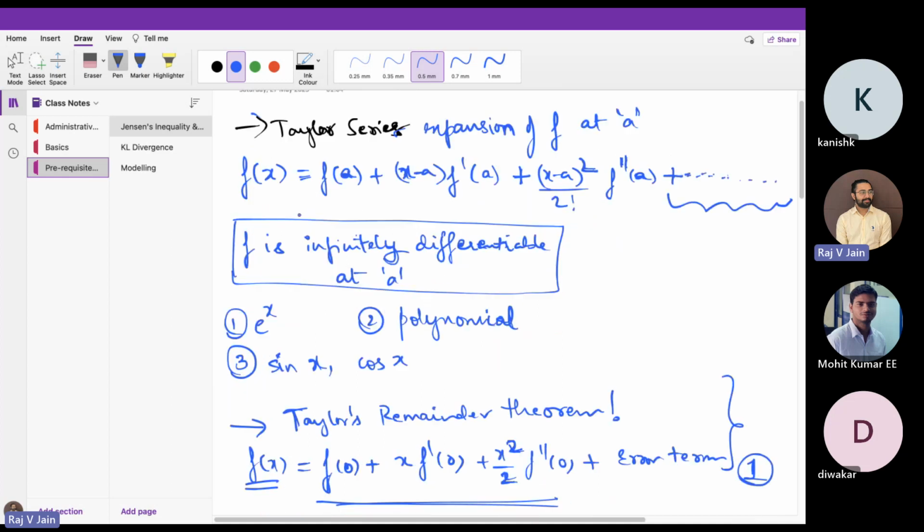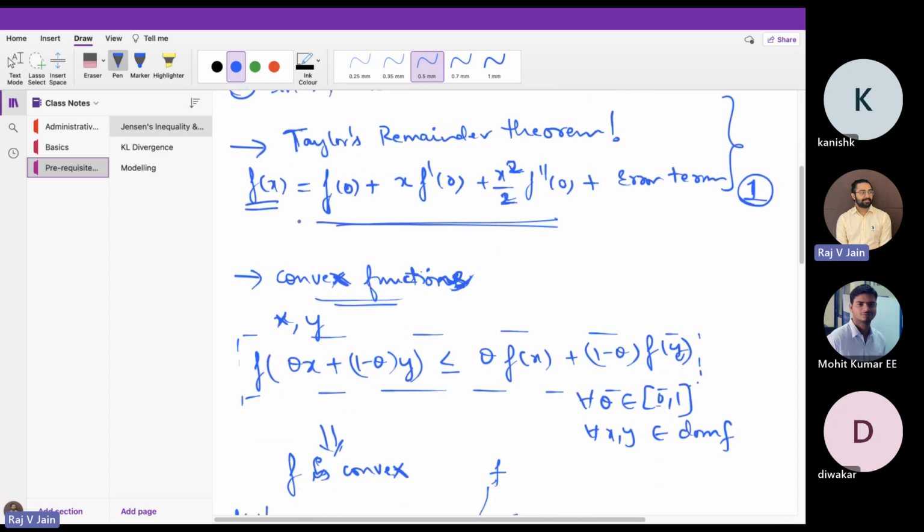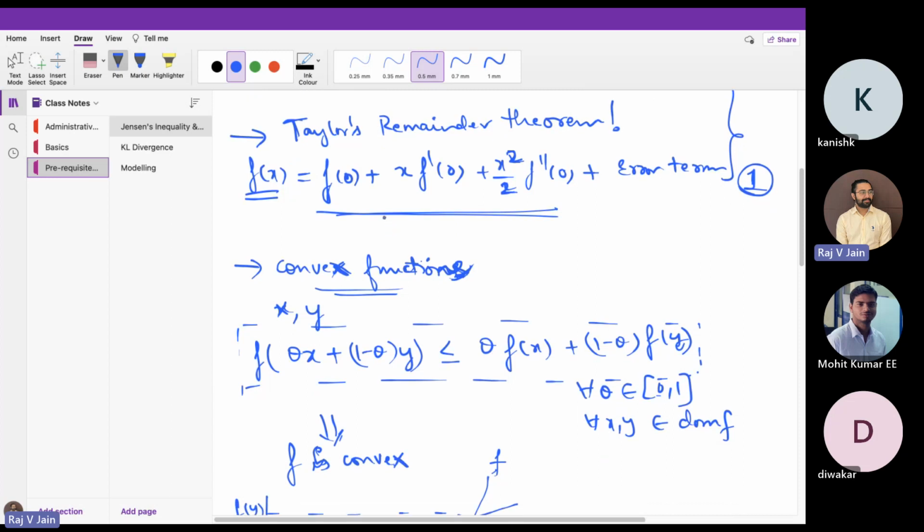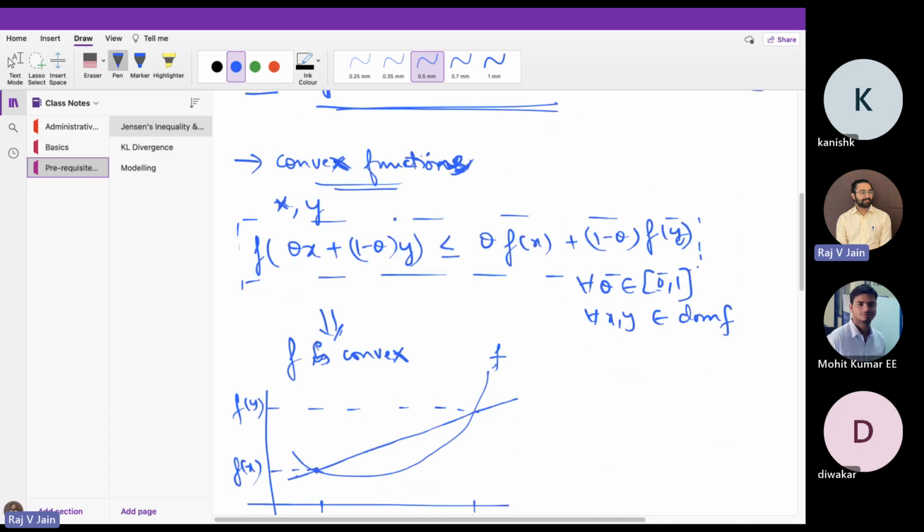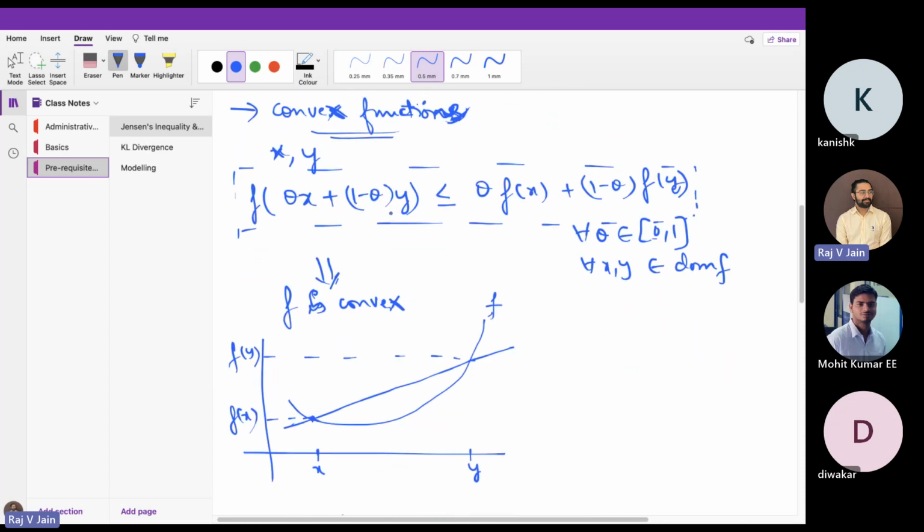Taylor's remainder theorem tries to give us some sort of estimate of that error. So we'll just look at the statement and some formulation for this, and then we also discussed the idea of convex functions, and convex functions in their most basic definition are defined like this.